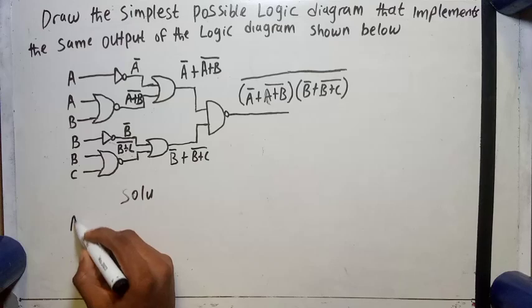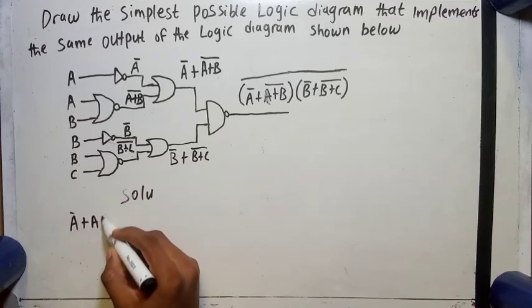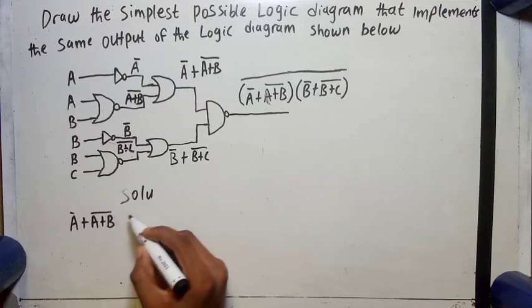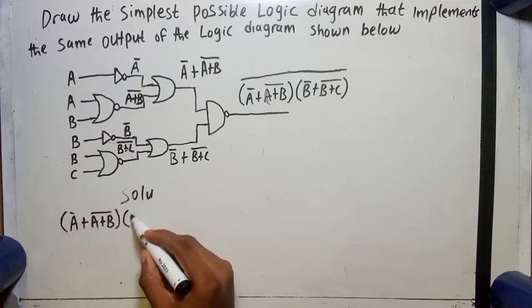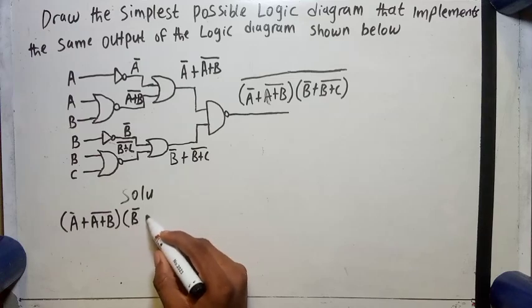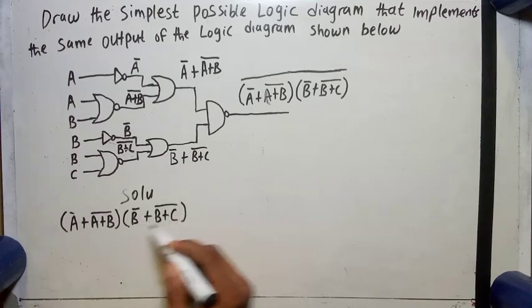Given that A bar plus A plus B all bar, multiplied by our B bar plus B plus C all bar.